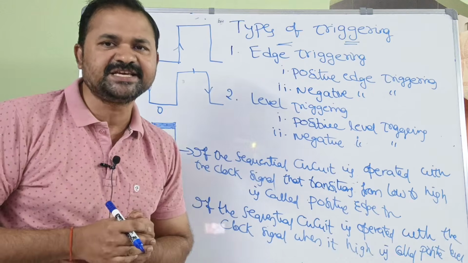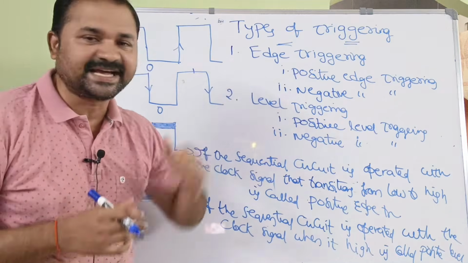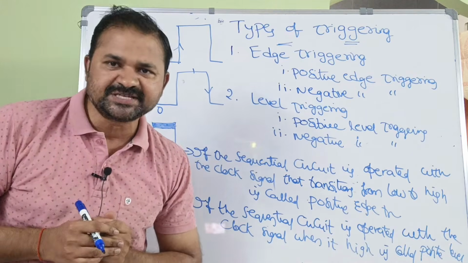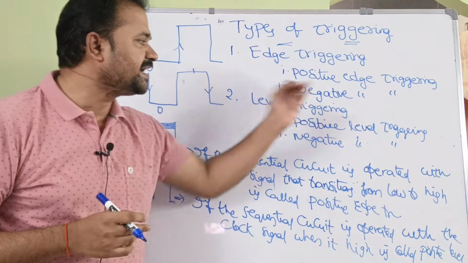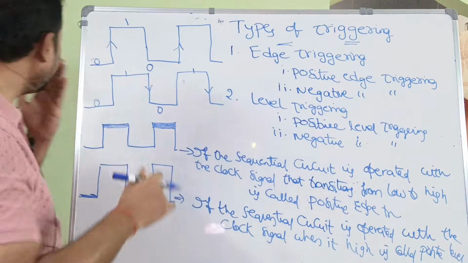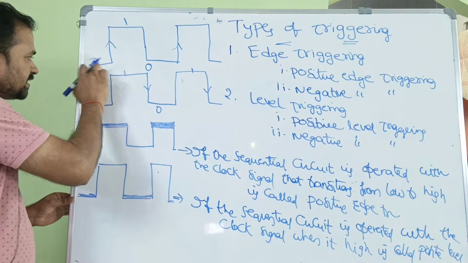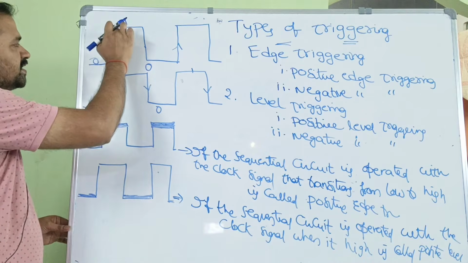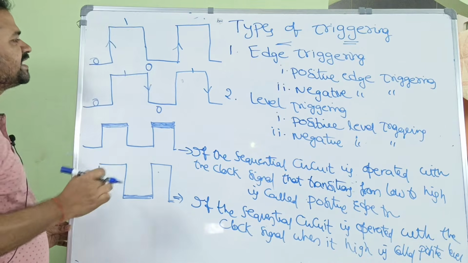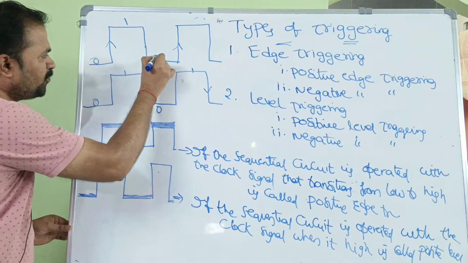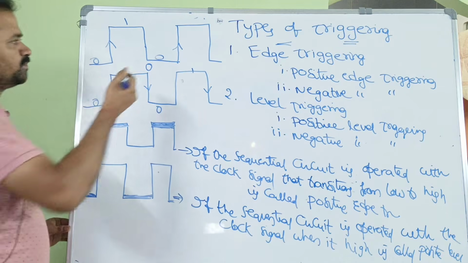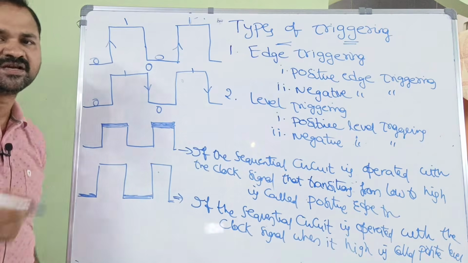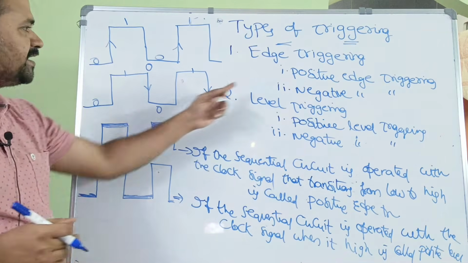So first let us see edge triggering. We have two types of edge triggering, positive edge triggering and negative edge triggering. If you take a clock pulse, the low portion is called 0, whereas the top portion is called high, which is 1.